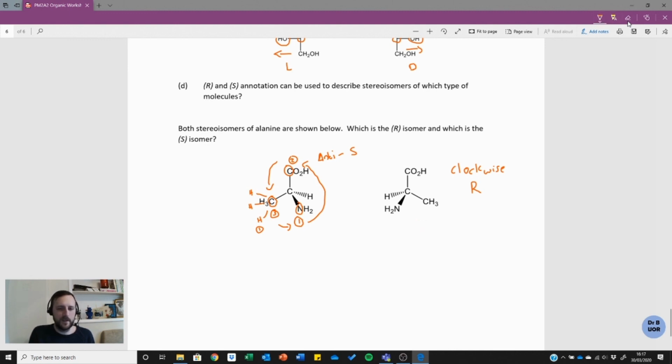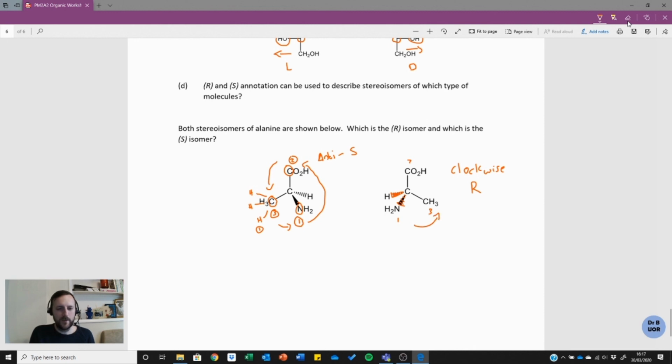So for instance, if we switch these two arrows around, and this one became the block arrow, and this one became the dash, you'd still assign the priority in the same way that we just have. So this would still be number 1, this is still number 2, and this would still be number 3. In order, it still looks clockwise.